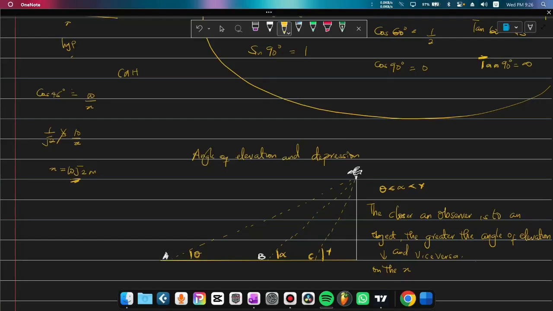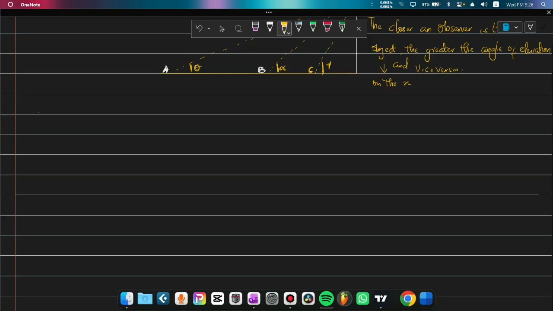So should you have a question whereby they are giving you two people's angles of elevation and they don't state who has the higher, you just have to look at who is standing closer to the object on the x-axis. Then that person must have a higher angle of elevation. Let's put it into practice.